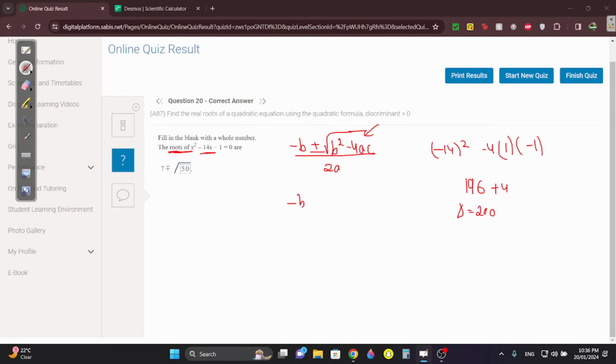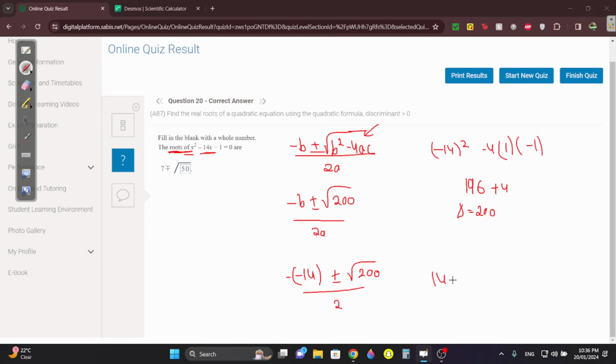So it will be minus b plus minus radical delta, which is 200, over 2a. Now substitute. Minus b will be minus 14 plus minus radical 200 over 2 times a, which is 1, so it will be over 2.